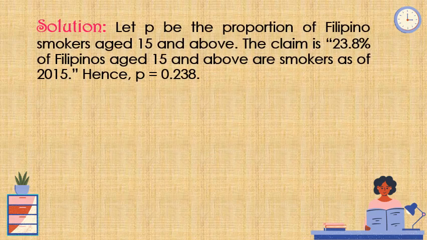Solution. Let P be the proportion of Filipino smokers aged 15 and above. The claim is 23.8% of Filipinos aged 15 and above are smokers as of 2015. Hence, P is equal to 0.238. Again, yung 23.8% kinonvert to decimal, kaya siya naging 0.238.